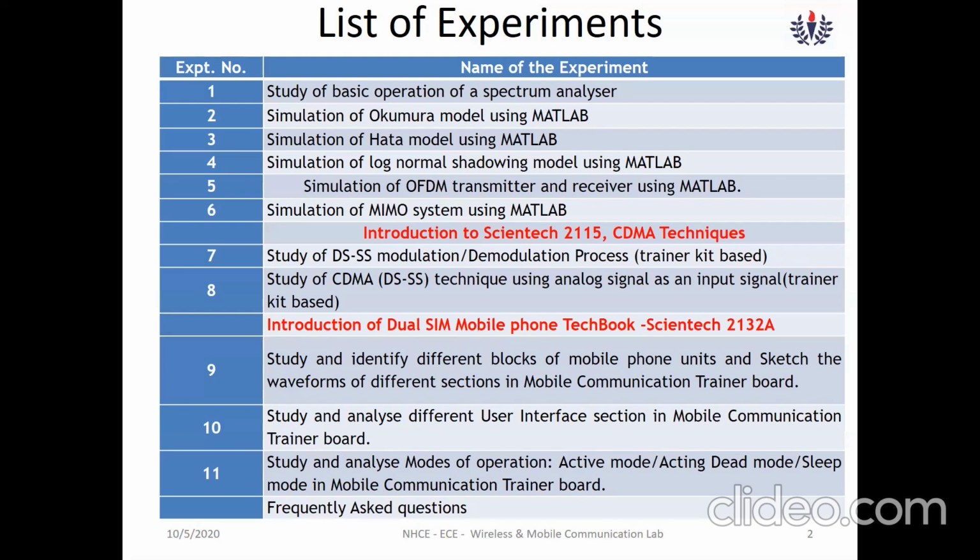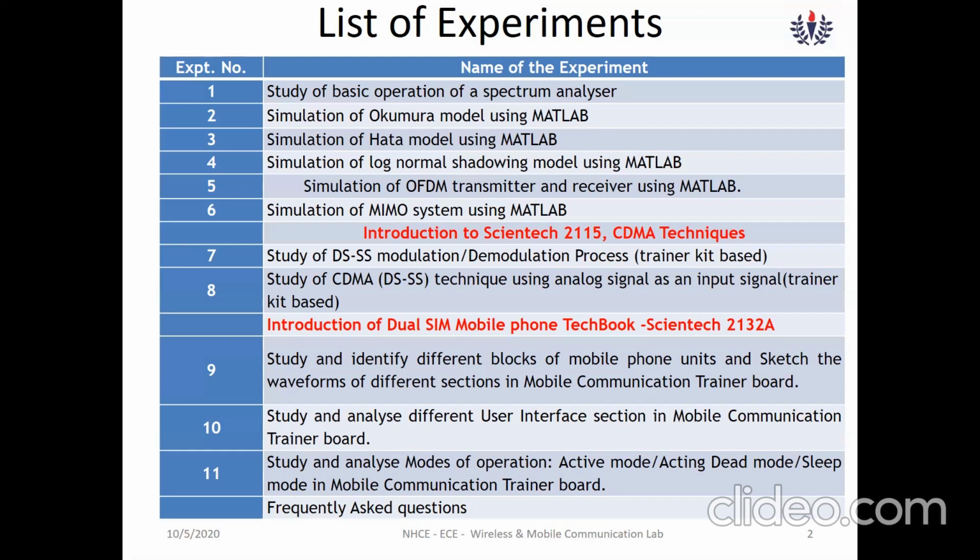So basically, all the 6 experiments give you an insight into communication models which can be used to predict or depict the exact propagation path of the signal from the transmitter to the receiver.